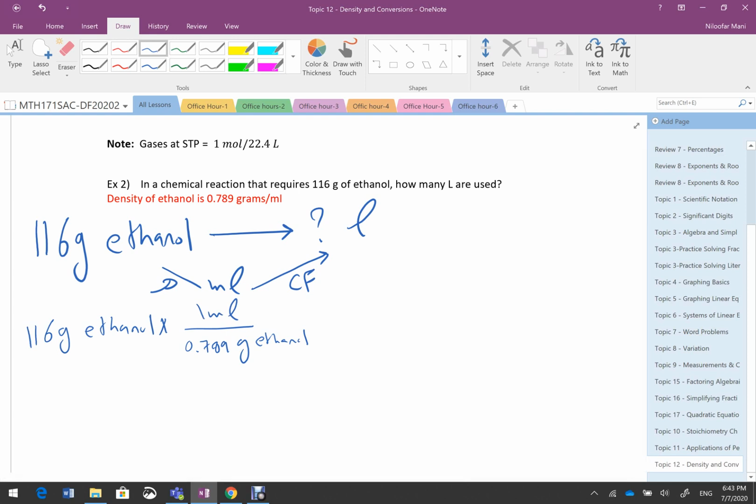It depends on the question. Maybe I have to write gram per milliliter, or maybe gram down, milliliter up, but still it's the same. Then multiply, 1 milliliter is 10 to the power minus 3 liter. And then I'm done. Now I can cancel gram of ethanol with gram of ethanol, I can cancel milliliter of ethanol.